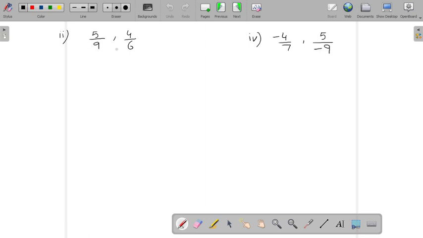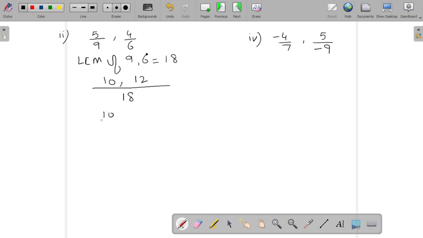Second part. In the second part, the denominators are positive. So directly we will find the LCM of the denominators 9 and 6. Its LCM would be 18. So LCM 18, divide below by 2 and multiply 10 above. Divide below by 3, multiply it with upper 12.